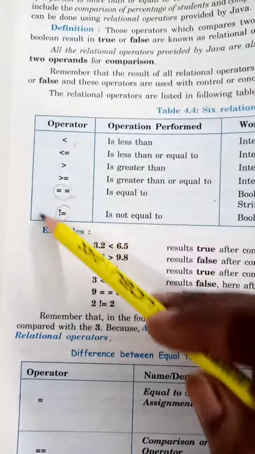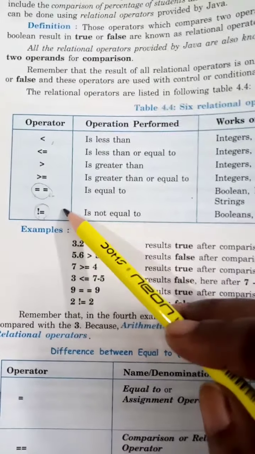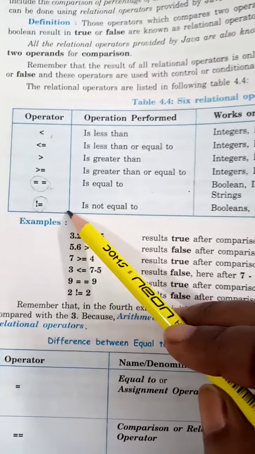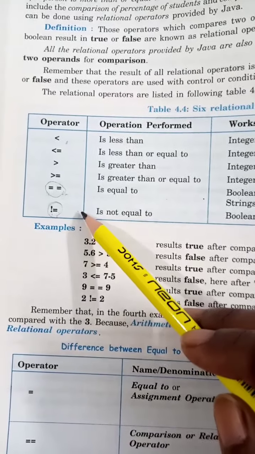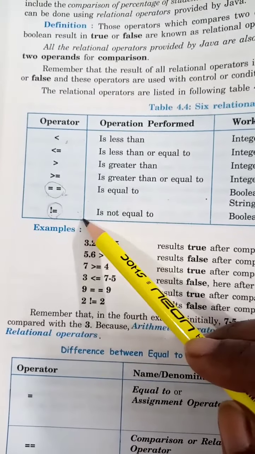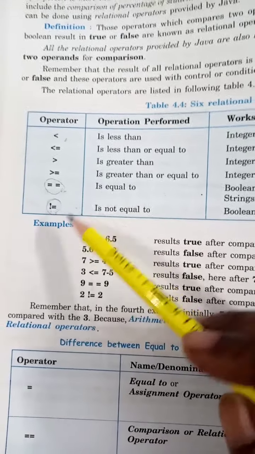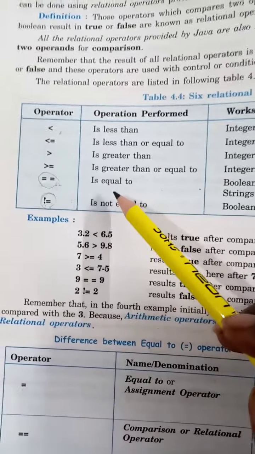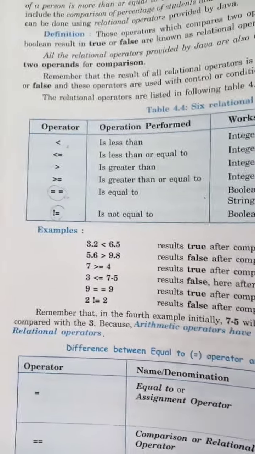All these operators are binary operators. They will work with two operands at least and will return a Boolean result. Whenever you compare two values, you will be getting true or false, whether the values are equal or not, or less than or not, greater than or not.